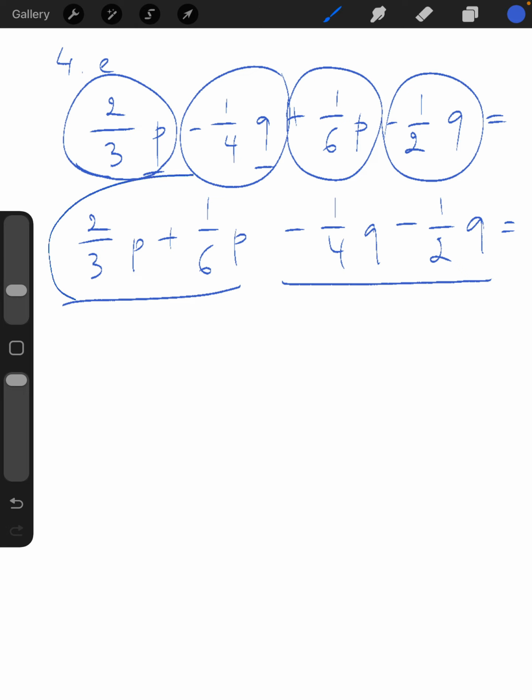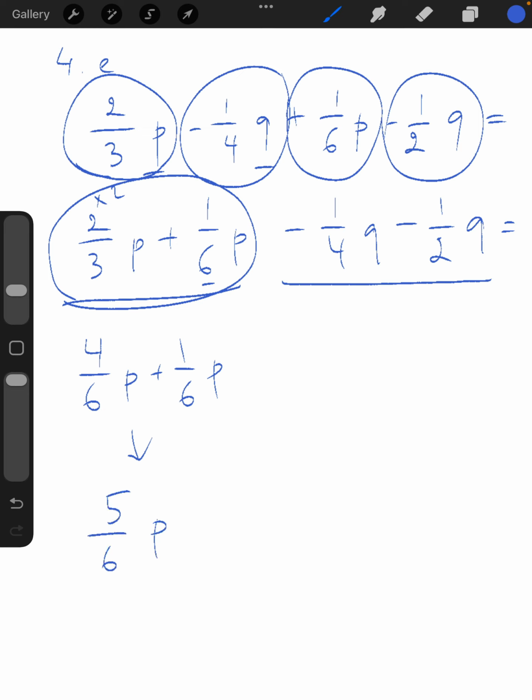So in this portion here, the common denominator can easily be 6, right? So we're going to multiply by 2 here. So 4/6 p plus 1/6 p equals 5/6 p.